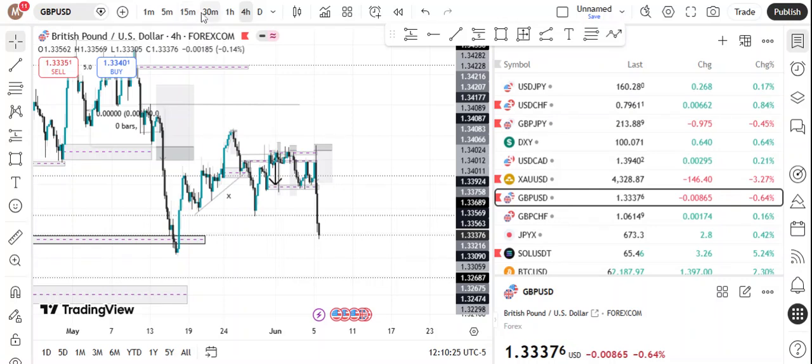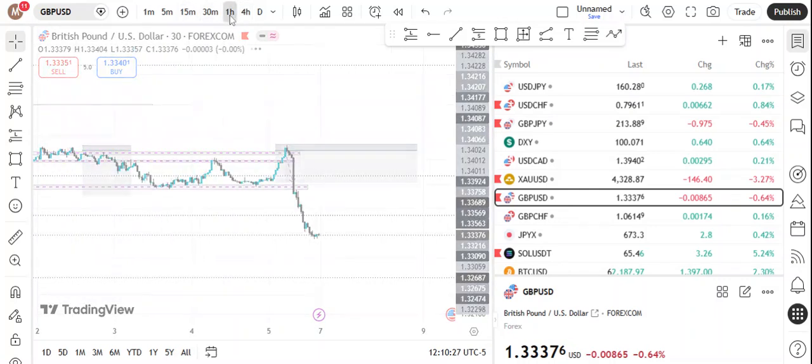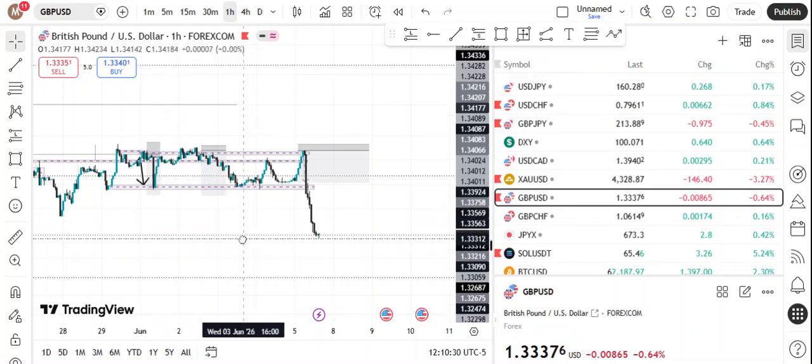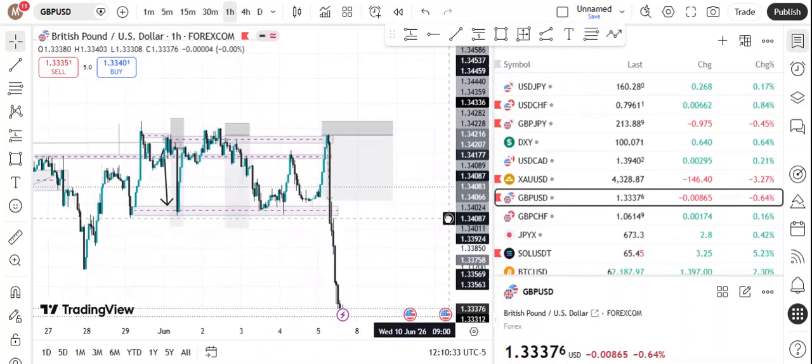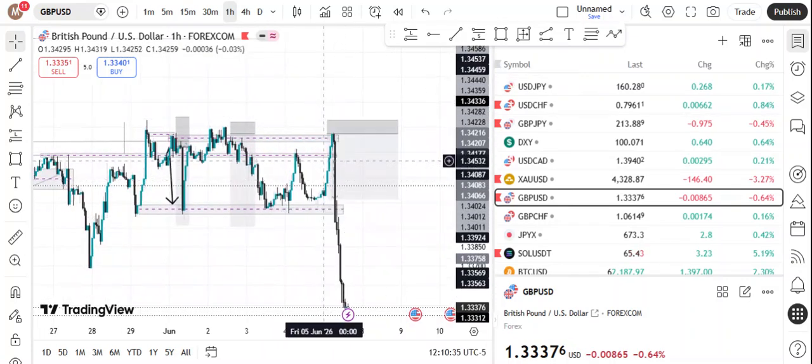Three sales opportunities. Let me just come down to the 1 hour, as you can see. So this opportunity presented itself. As you can see, I can see there's another sell here which I took.